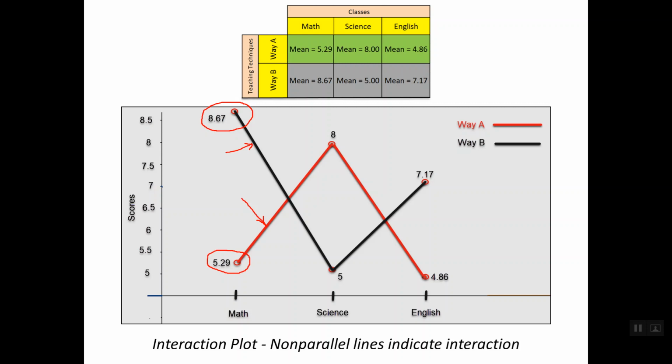Regarding the science class, by using the first way, the average is 8, while for the same class taught by the second way, it is less, it's 5.